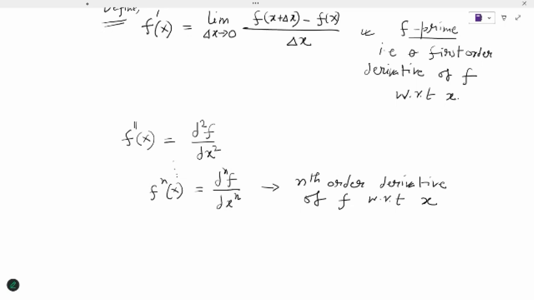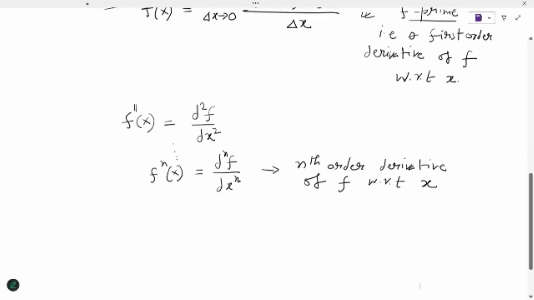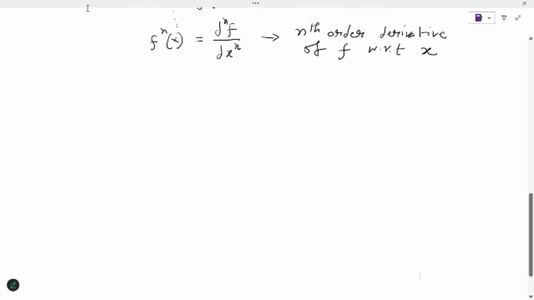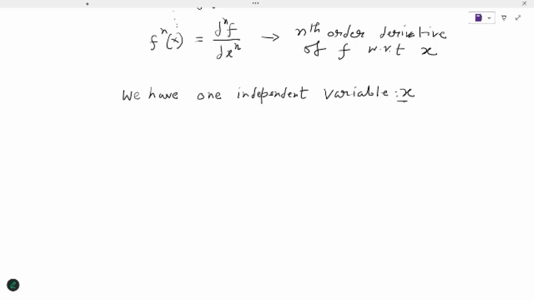Now this is all we have when we have one independent variable, that is x. Now what happens when we have two independent variables, let's say x comma y?